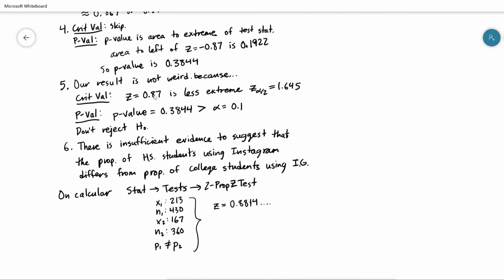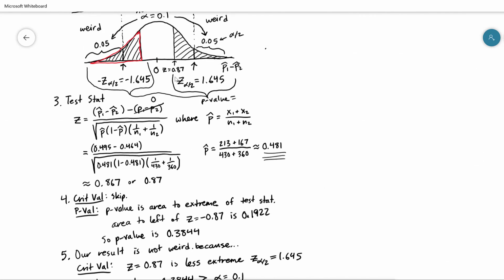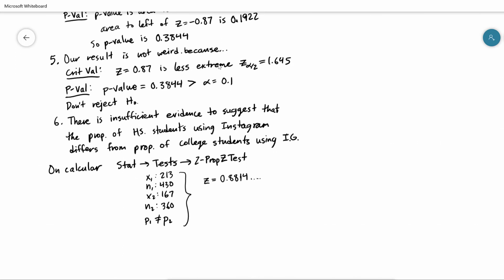I got this 0.87 because I used rounded versions of all of these numbers. That number is rounded, that number is rounded, that number is rounded. I used rounded versions in our formula for the test statistic, whereas the calculator used all the decimals. So it got a more accurate answer. It's still close, right? We got 0.87, they got 0.88, but theirs is more accurate because they didn't round any of those decimals.